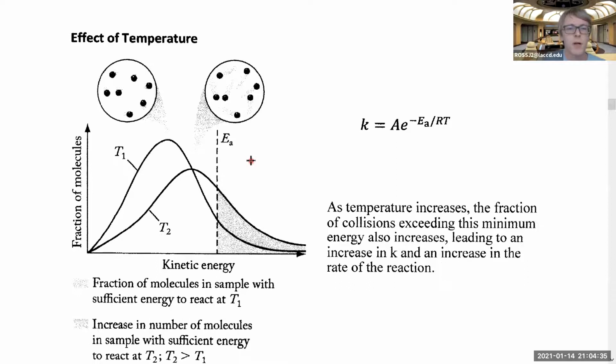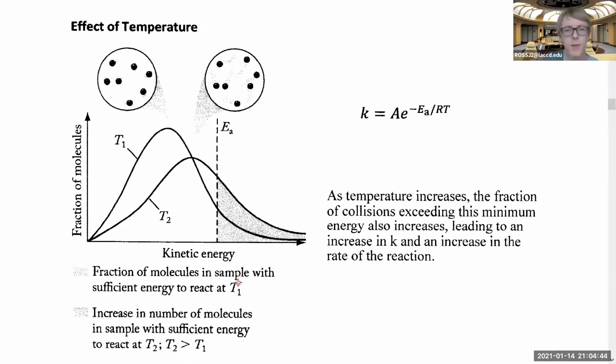If you look at this plot here, it's fraction of molecules on the y-axis, kinetic energy on the x. And we can see that as you increase the temperature of a reaction from a temperature T1 to a temperature T2, the area under this curve must be constant. So you can see if the curve gets shorter, it has to get wider.